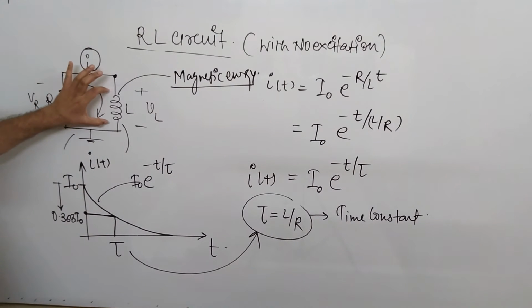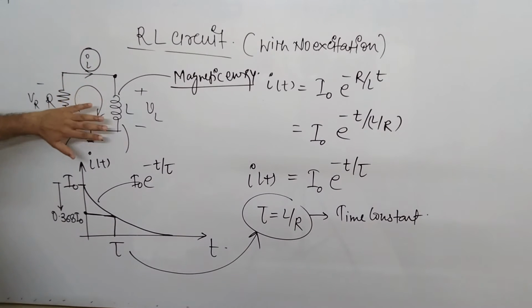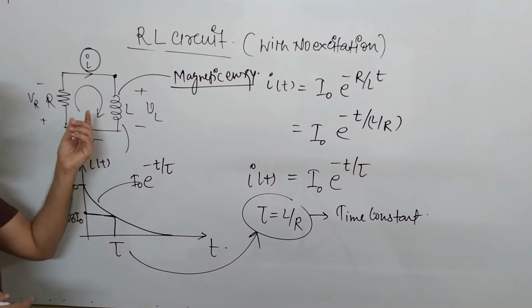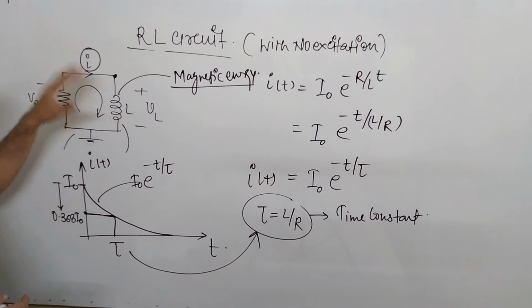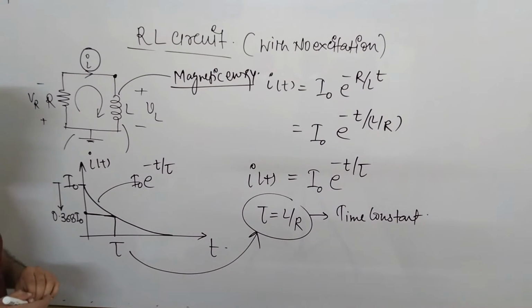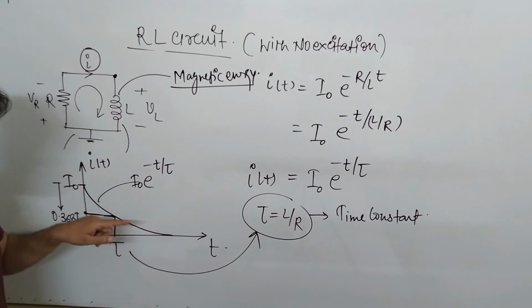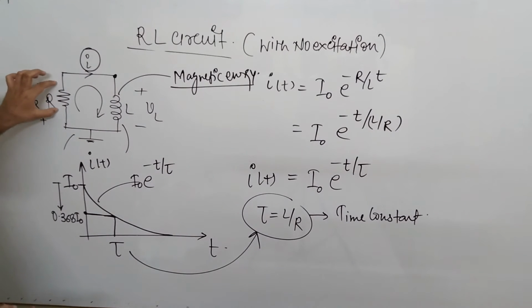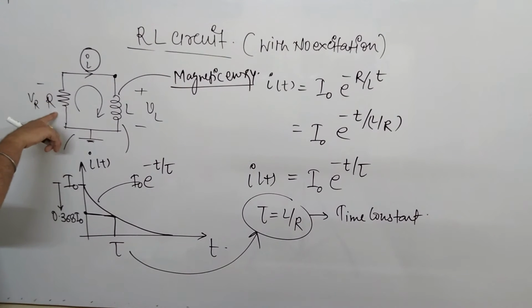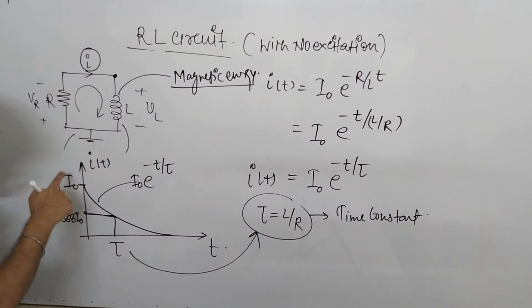So again, the inductor will not dissipate the energy, rather it stores energy in the form of magnetic energy, and it delivers to the element depending upon the condition of the switch. Okay, so it means from this value, when it starts decaying, the initial energy which is present across the inductor is now delivered to this resistance accordingly, and this is the graph of that curve.